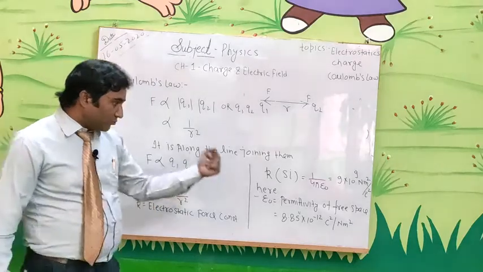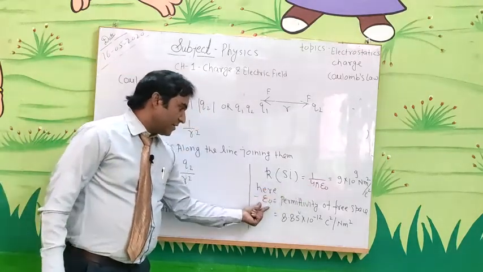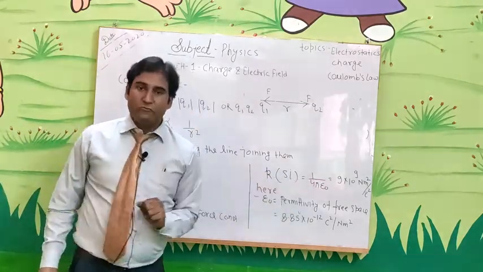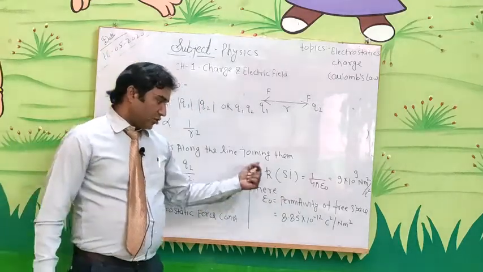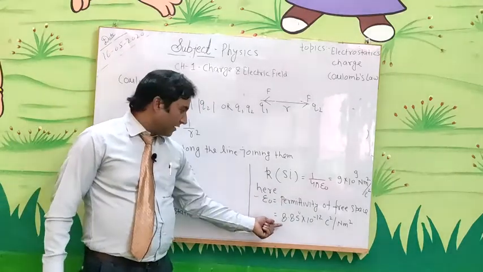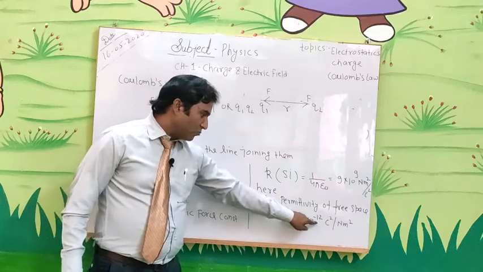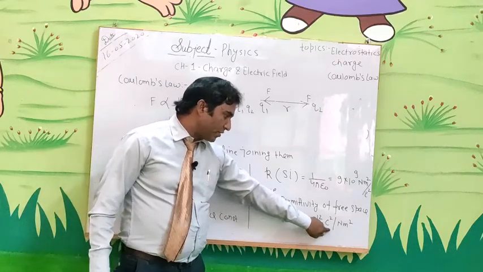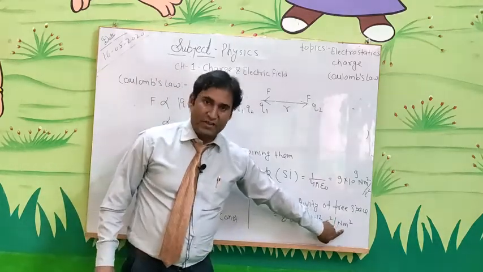Here epsilon naught is named as the permittivity of free space. The numerical value of this permittivity is 8.85 into 10 to power minus 12 Coulomb square per Newton meter square.